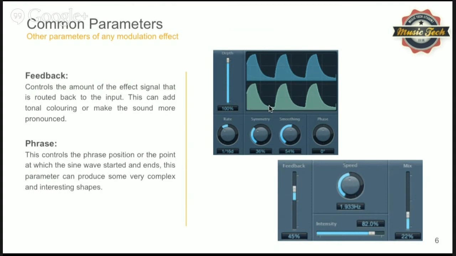With phasing, say this is the original signal and this is the duplicate signal, rather than having them played back at the same time, you can offset them. That gives you yet another quality to this particular modulation effect. In the case of chorus, you'll probably see that doubled and tripled and quadrupled to create these kind of tonal layers. So that's quite interesting.